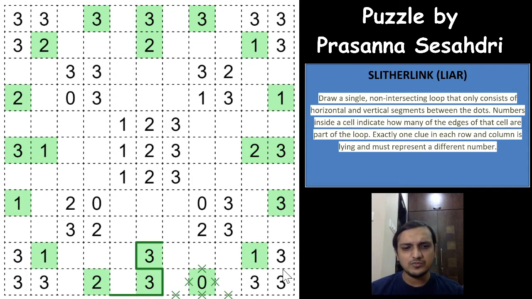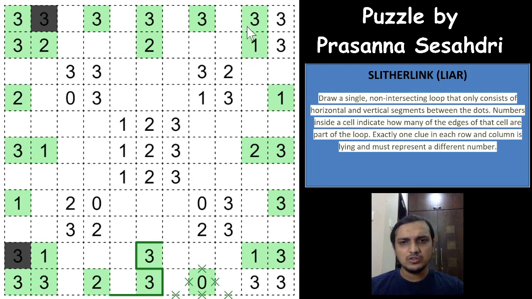So one of these 3's will have to be wrong and the other will be correct. So we eliminated that both of these 3's are correct, and it cannot be wrong, which means this has to be wrong, which means both of these will have to be correct, because each row and column will have exactly one clue which is wrong.